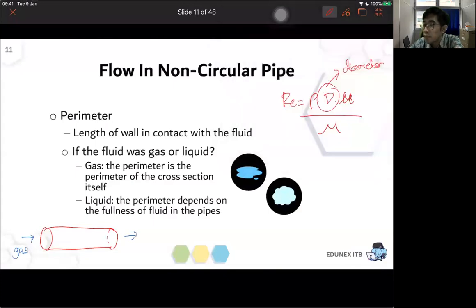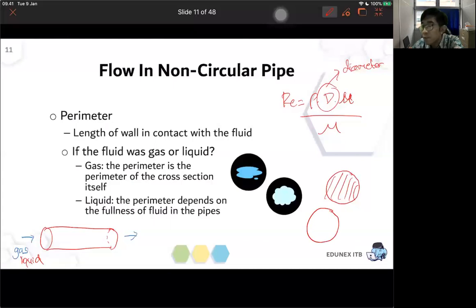If you have gas flowing through the pipe, gas will be fully filling the pipe, right? However, if you have liquid flowing through the pipe, it will have different phenomena depending on how big the flow rate is.